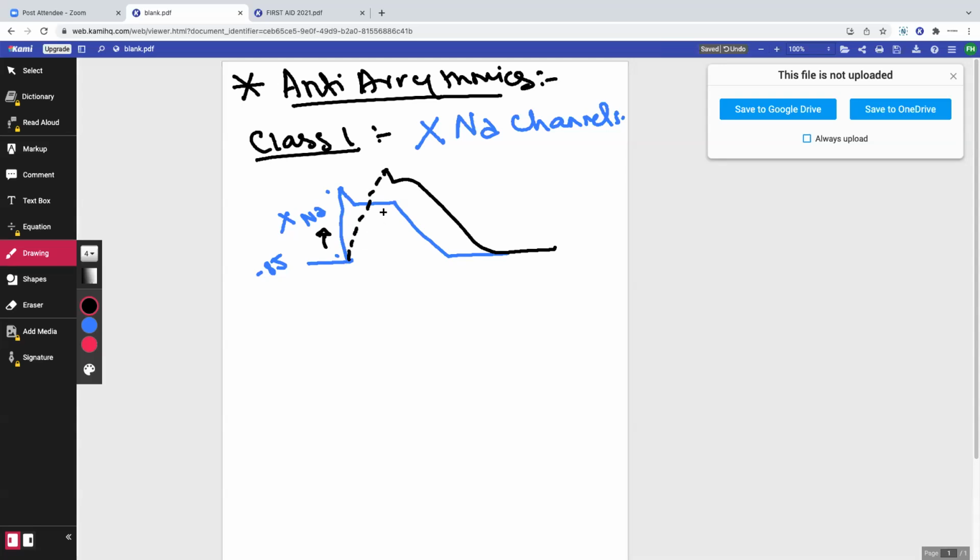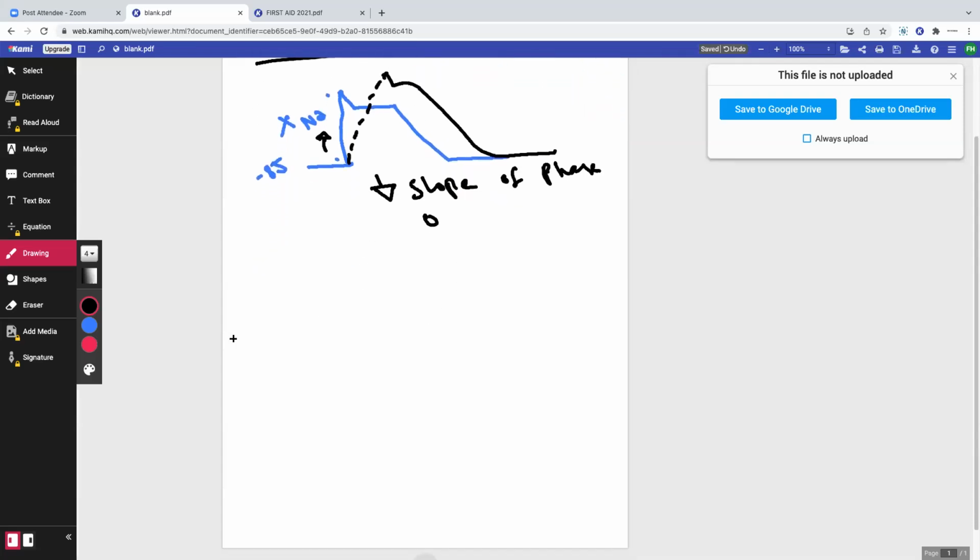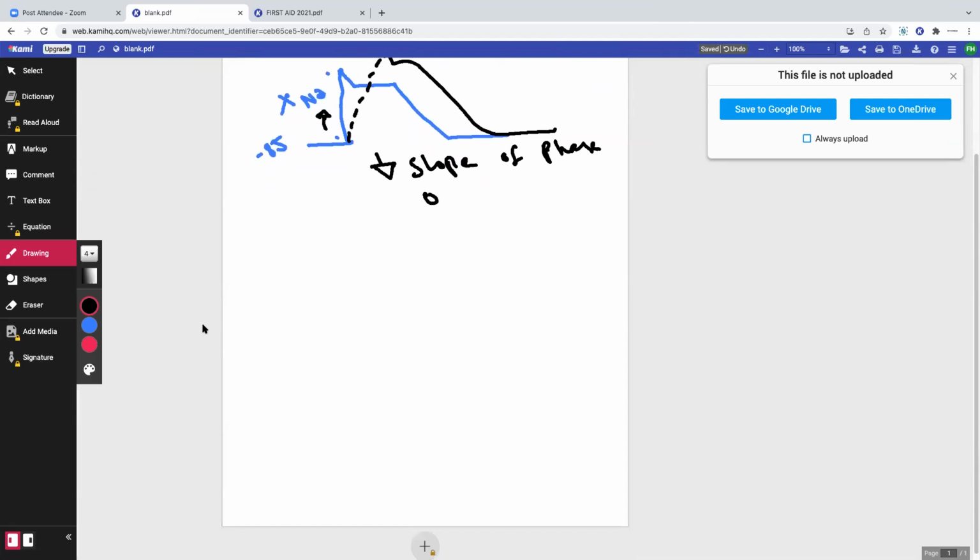So that's that. So can we say that the action of class one antiarrhythmic drugs is that they decrease the slope of phase zero? Yes or no? They decrease the slope of phase zero. Okay. So this is merely the function of all the class one antiarrhythmics.